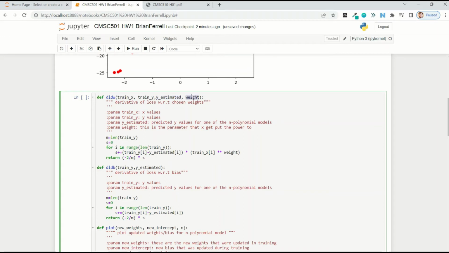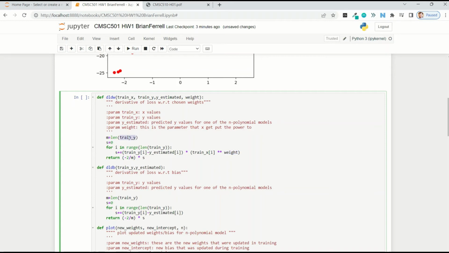And then we have our weight variable, which doesn't have to be called that, it's just what our training data is to the power of. Because if you remember in the formula, the gradient is -2 divided by m times the summation of our error, multiplied by the training data to the power of that J number, right?